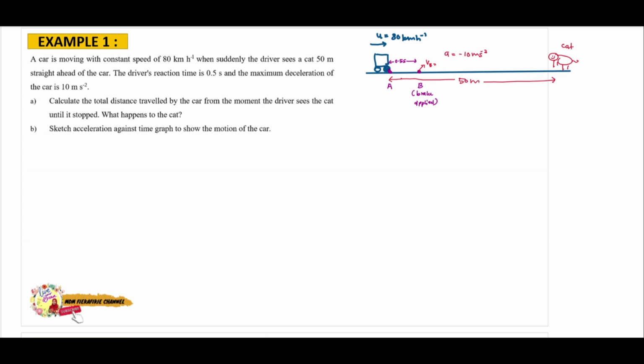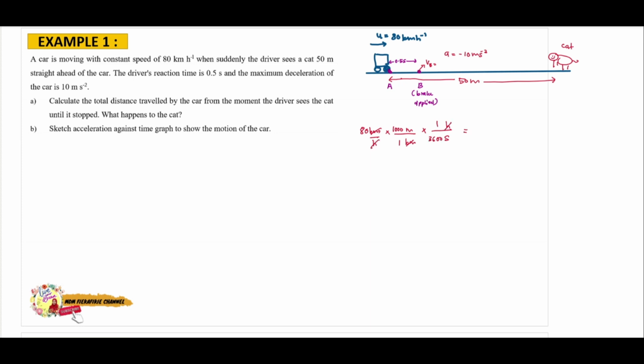So now I want to change first 80 km per hour to meter per second. So kilometer dekat atas, kilometer dekat bawah. We want to change to meter. So 1 kilometer is 1000 meter, and 1 hour is 3600 seconds.